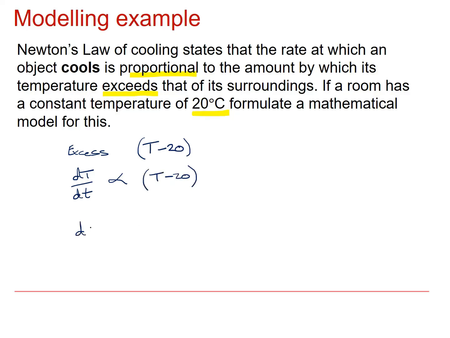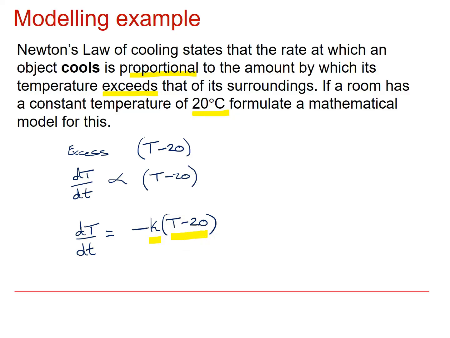So my rate of cooling will be equal to a constant times T minus 20. However, I expect this to be negative because I would expect the rate of cooling to be a reduction in temperature. Now, if the thing is warmer than the room, T minus 20 will be positive, and I'd really like the cooling rate to be positive.